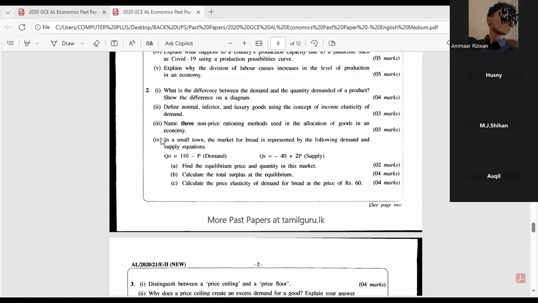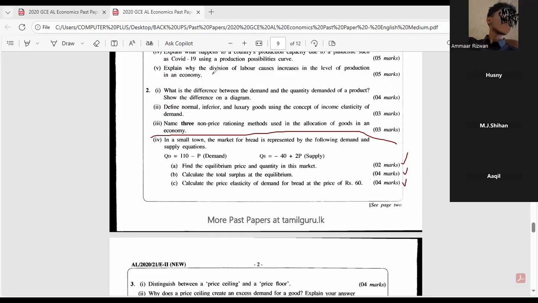Question number 2. See this fourth question. In a small town, the market for bread is represented by the following demand and supply equations. Find the equilibrium price and quantity in this market, 2 marks. Calculate the total surplus at the equilibrium. Total surplus means economic surplus. 4 marks. Calculate the price elasticity of demand for bread at the price of 60. That is 4 marks. So totally 10 marks.